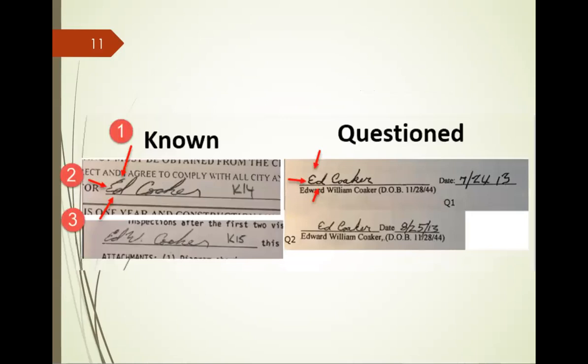Now, when we look here at the known signatures, you see on top of the E there is a loopy structure that is missing in the question. We also see that the crossbar of the E is open-ended on the left and closed off on the right. And we see that the body of the D, like an oval, moves from down left to up right, so it is kind of a slanted oval.